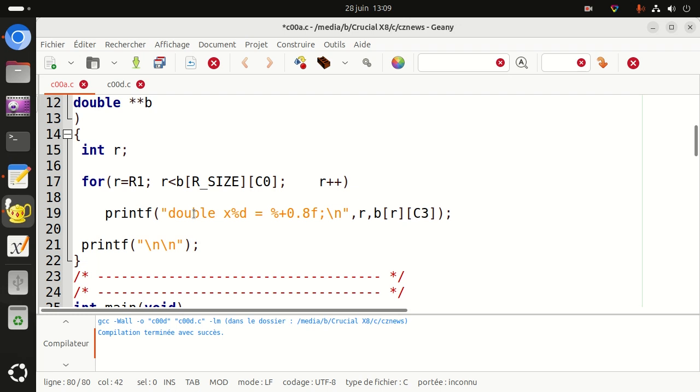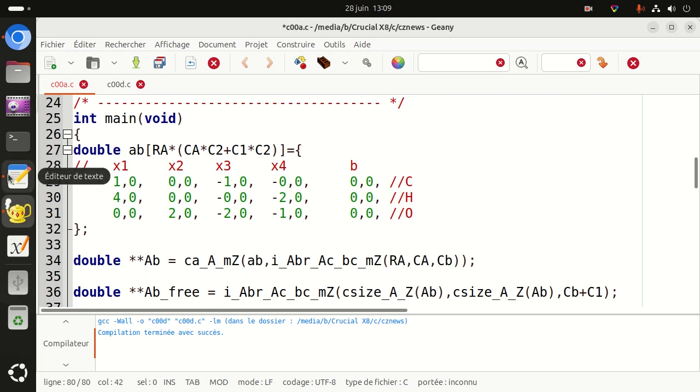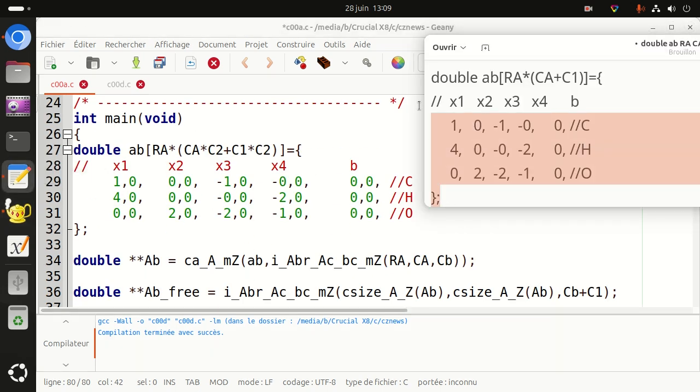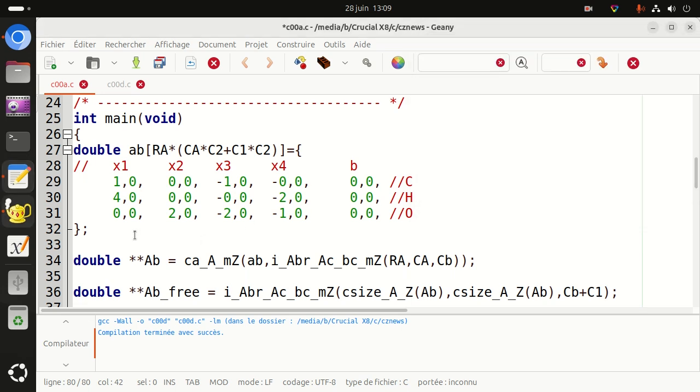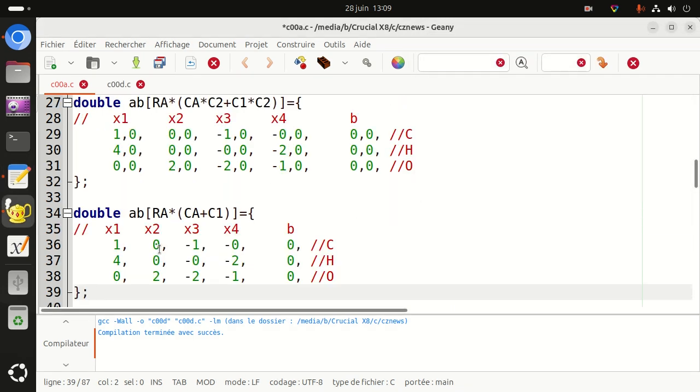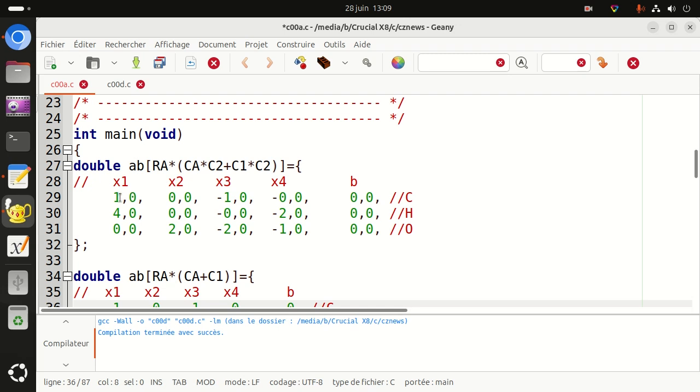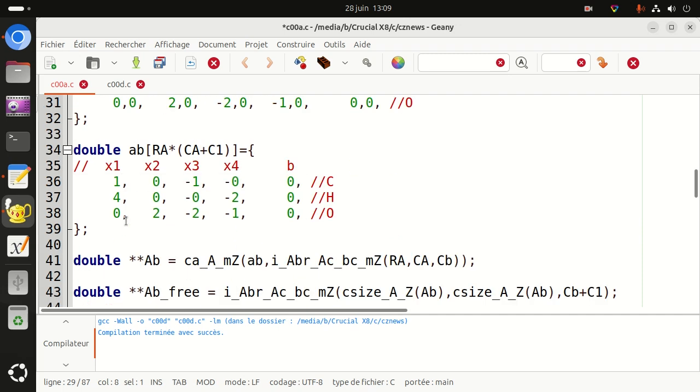I work with complex values, but to simplify the explanation of how to obtain this linear system, I have worked with real values. Here you have complex values. This is a real part and this is an imaginary part. This is a complex value.